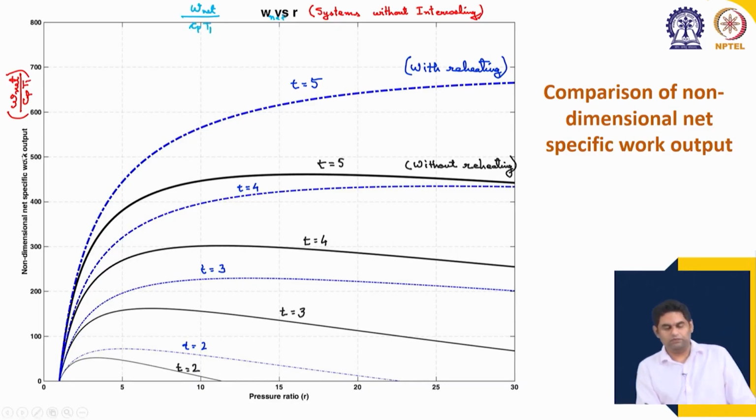So, that is the case W net by CPT1 versus R. Just to simplify this, because the previous diagram was very complex, I have shown first the cases where there is no intercooling. Okay. So, we know that we have simple Brayton cycle which corresponds to this black line, t equal to 2, t equal to 3, t equal to 4, okay, simple Brayton cycle, t equal to 5.